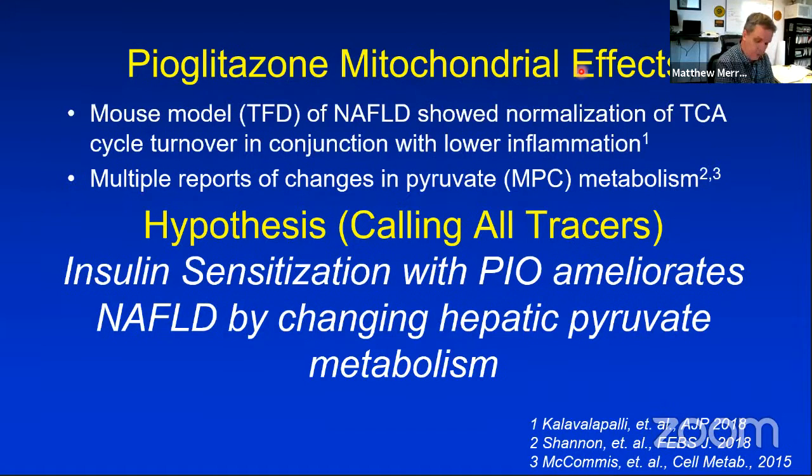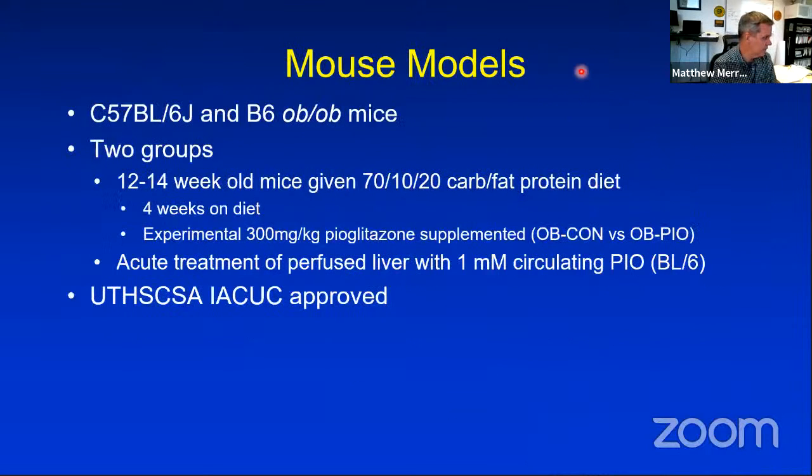And so we're going to go in and do our absolute best to fully trace what's happening to pyruvate in our model system. So we're going to be using BL6 and, on the same background strain, OB mice.